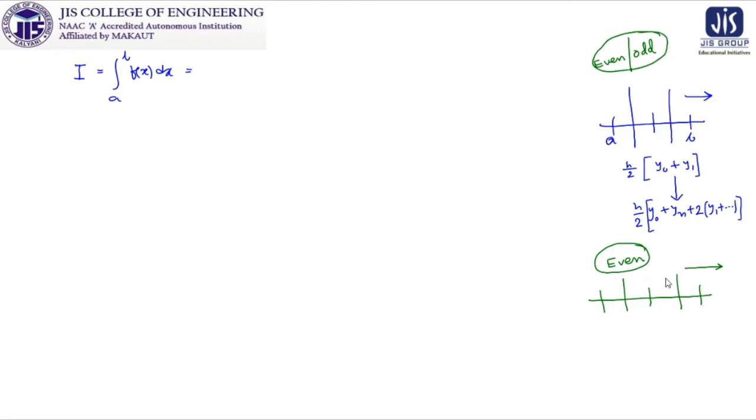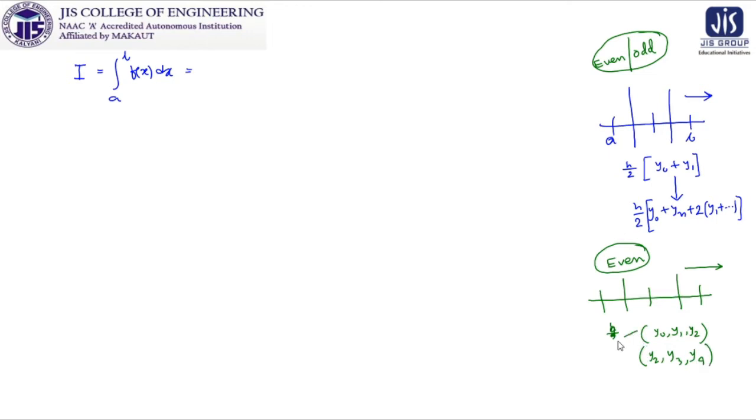That means the working formula of Simpson's one-third rule, I am not writing it explicitly yet, I will write it after some time, always takes into consideration y0, y1 and y2, and afterwards y2, y3 and y4, in this way.